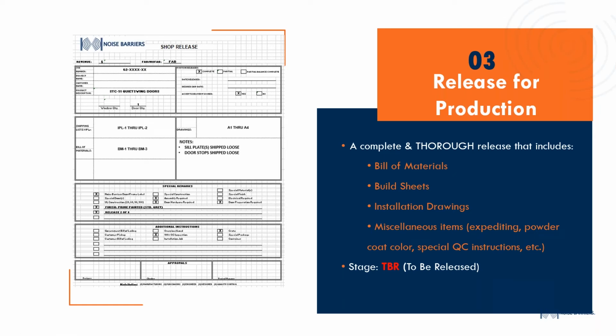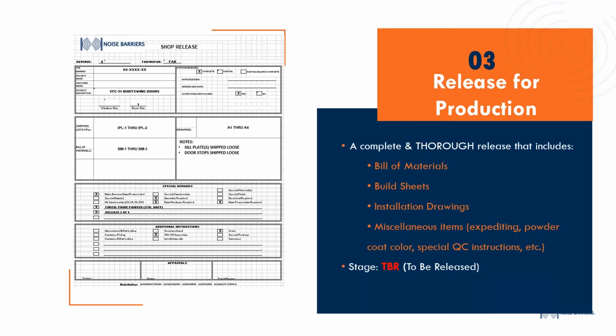And that's all the hardware, all the windows, all the glass, the threshold components, build sheets, installation drawings, everything. And on average, we're taking about 8 to 10 days to move a project from OFA to TBR, which means we're working on the release. So it's to be released.